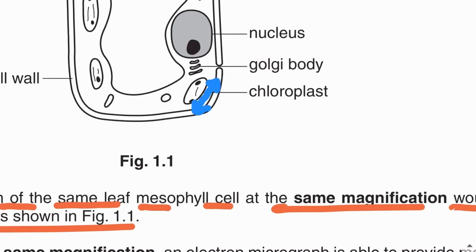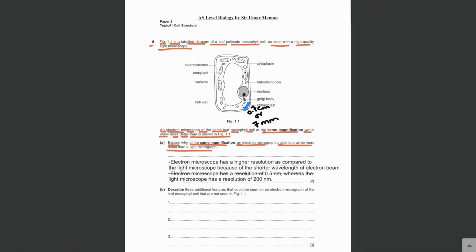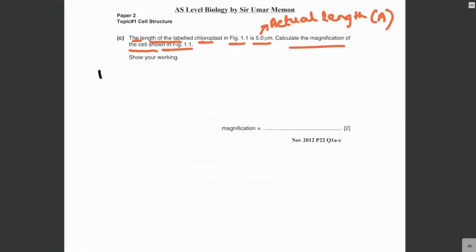For example, when we measured this chloroplast using a scale, the answer was 0.7 centimeter, or we can say 7 millimeter. So 7 millimeter is the image length. So we will write over here that image length is 7 millimeters and the actual length is 5 micrometer.